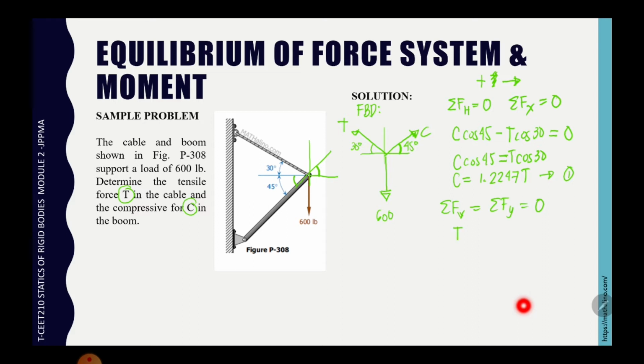Magiging T sine 30 plus, kasi ang assumption natin positive yung going up, C sine 45 minus 600 equal to 0.